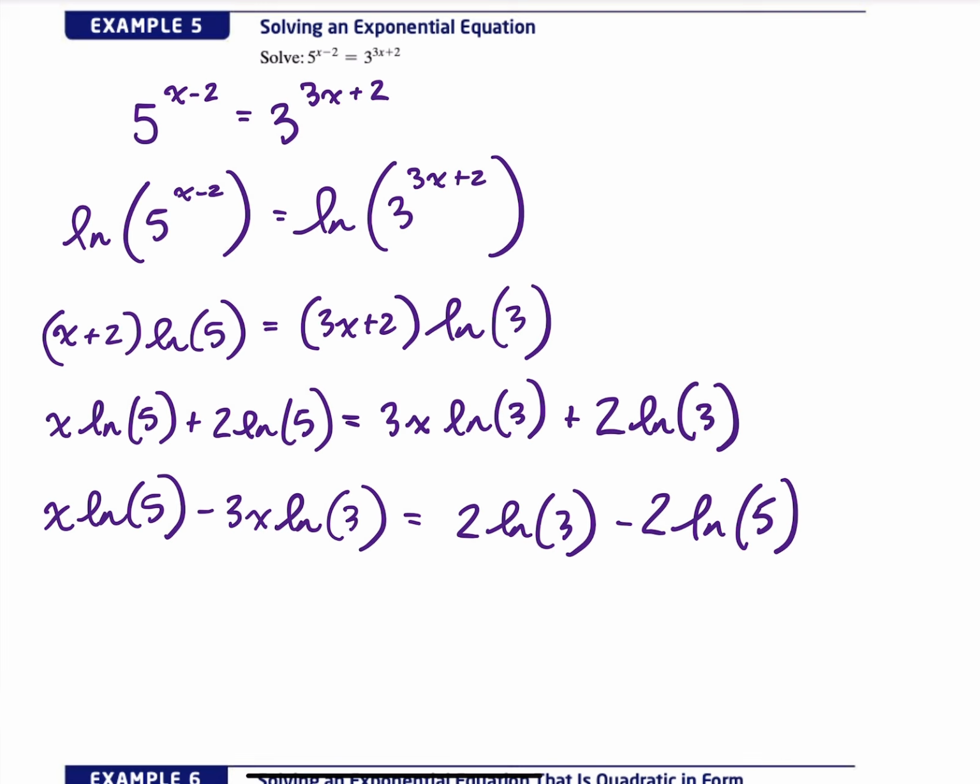Still looks pretty messy, but notice on the left side, both terms now have an x, so we can factor that x out of that whole expression. Let's just bring it out in front. So x times ln of 5 minus, and we took the x out, so there'll just be 3 times ln of 3, equals everything on the right side.